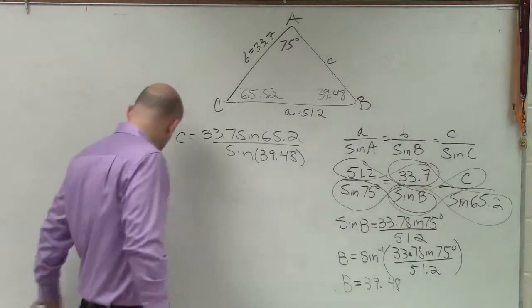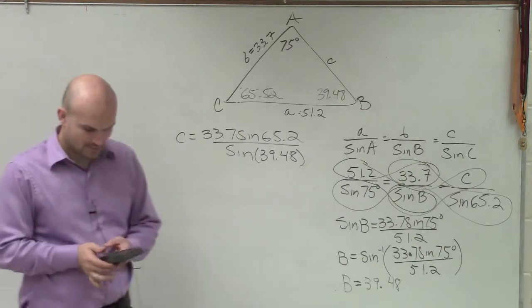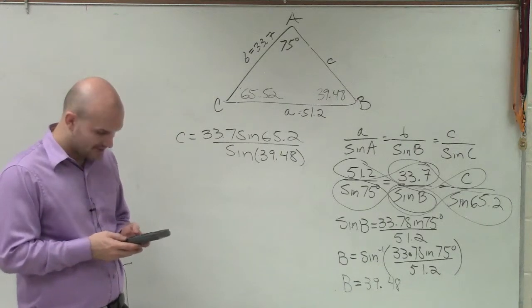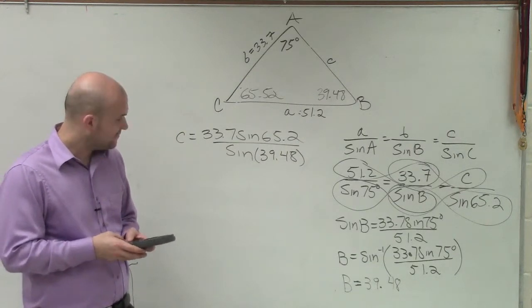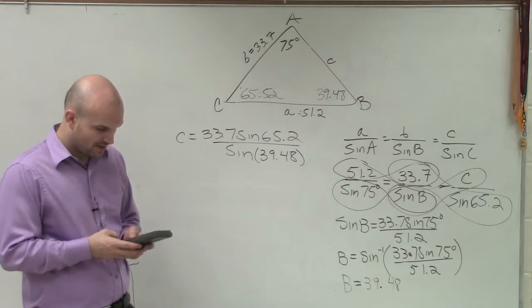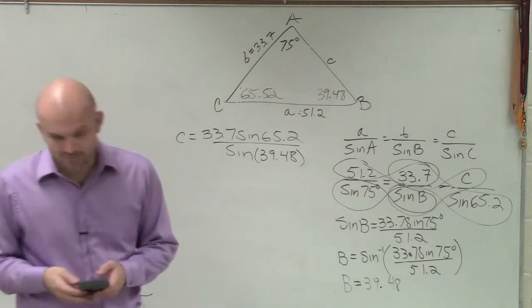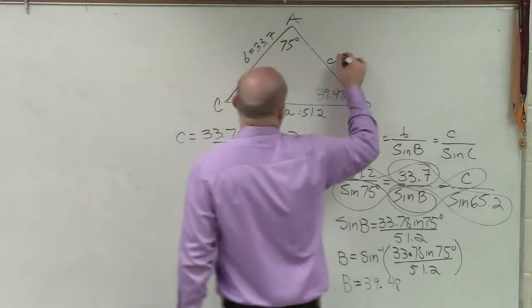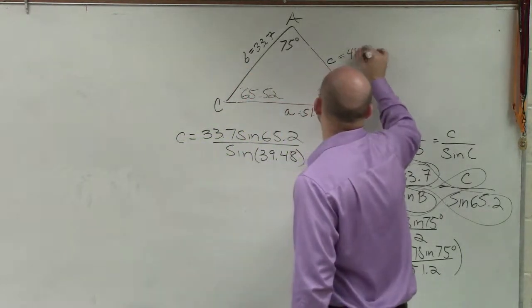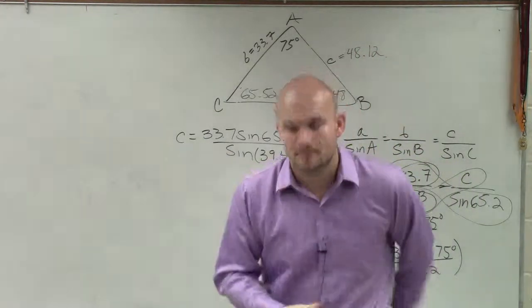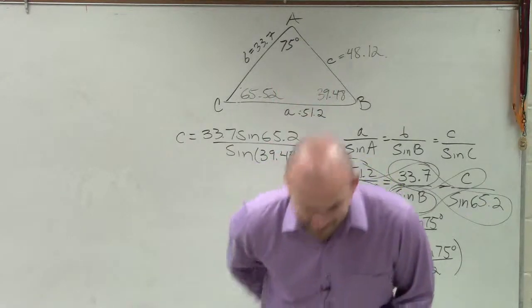So we go back to our calculator, and I say 33.7 times the sine of 65.52 divided by the sine of 39.48, and that's going to be 48.12. Okay? That's it.